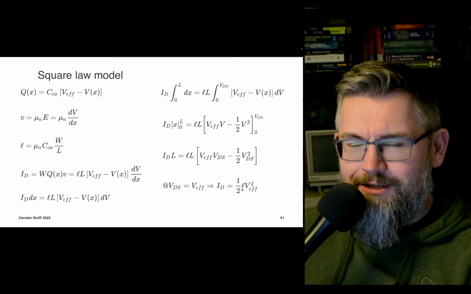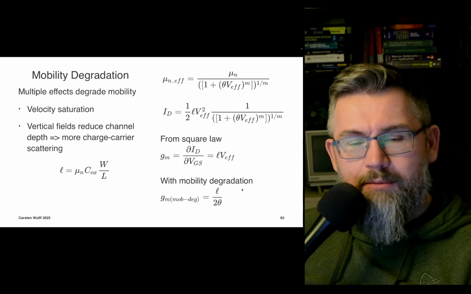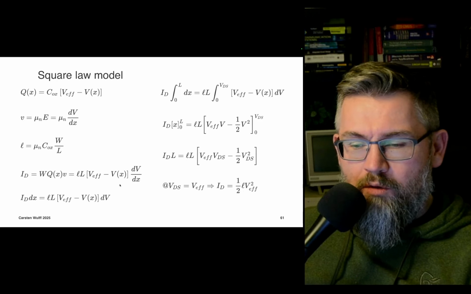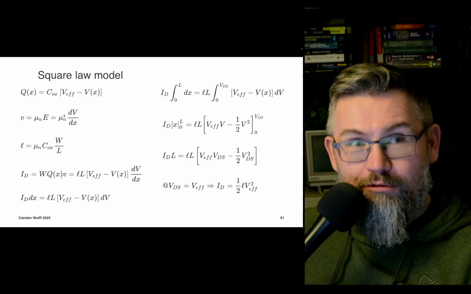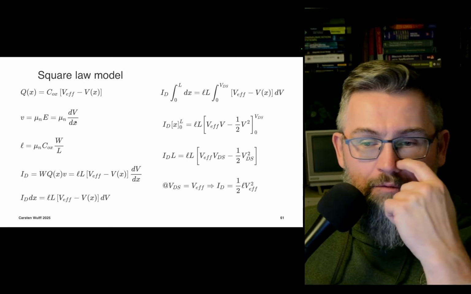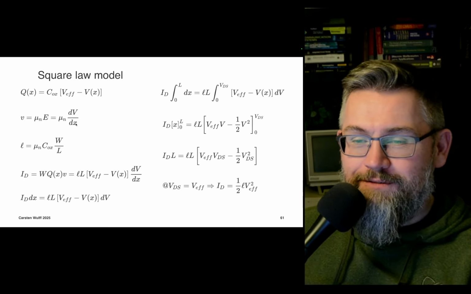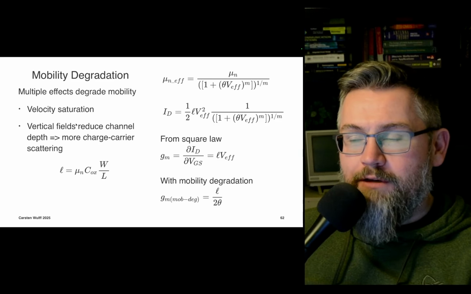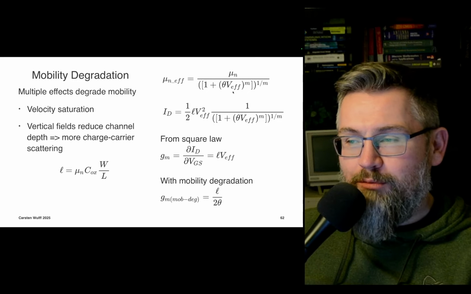There's complications here, but now when the speed is limited, so we had the speed here, when the speed cannot go faster, it's no longer given by this function, the mobility times the derivative of the voltage as a function of distance. Then we have to limit it, and that is introduced with sort of a change in the mobility.